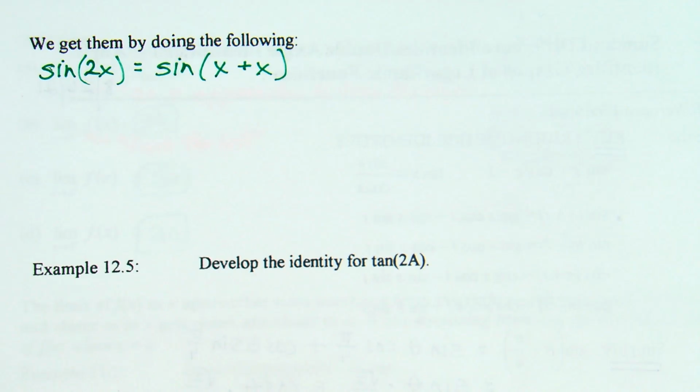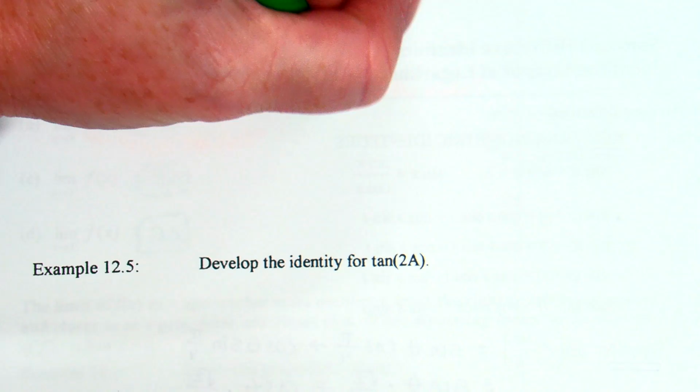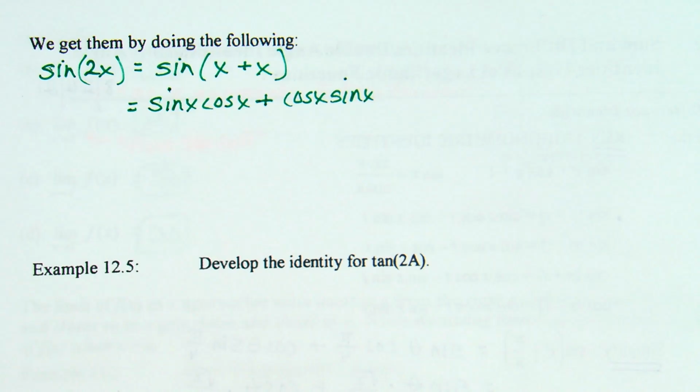With the sine identity, we say sine cosine: sine x cosine x, then a plus, keep the same sign, and then cosine x sine x. What about sine x cosine x plus cosine x sine x? We can add them. Are they like terms?